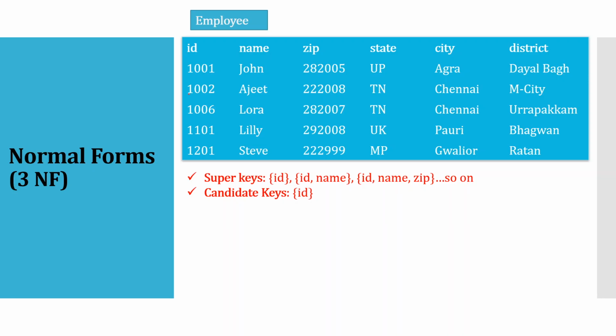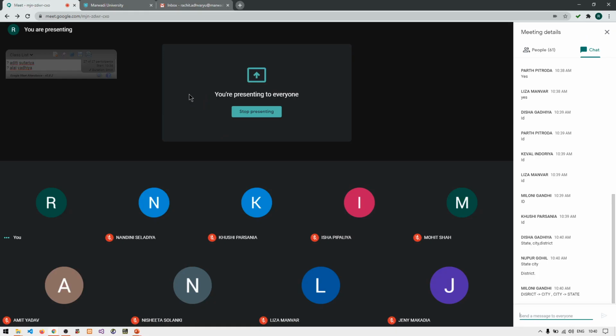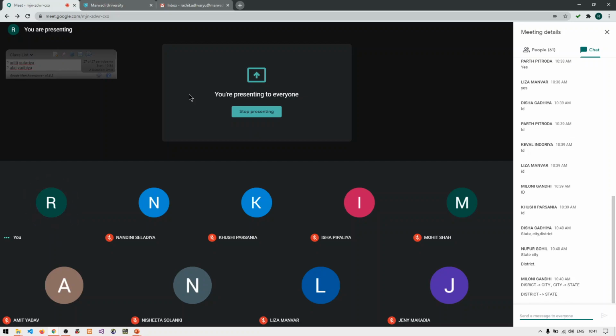Okay, state, city, district. No, I want the exact transitive functional dependency, like A to B, B to C, then A to C. So this is what I actually want.